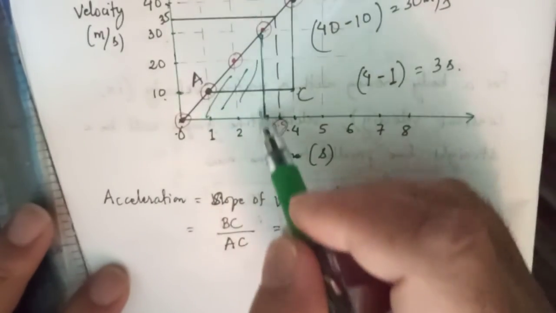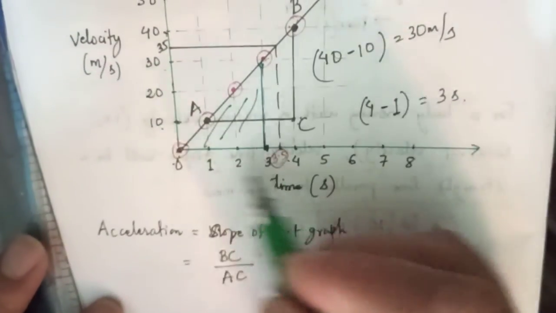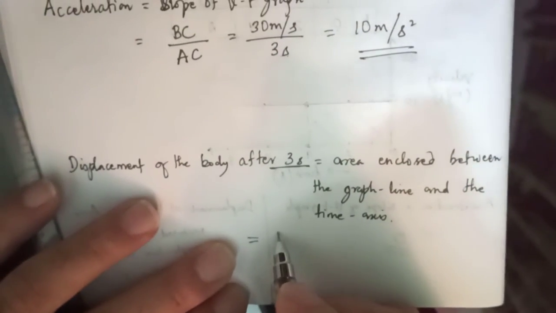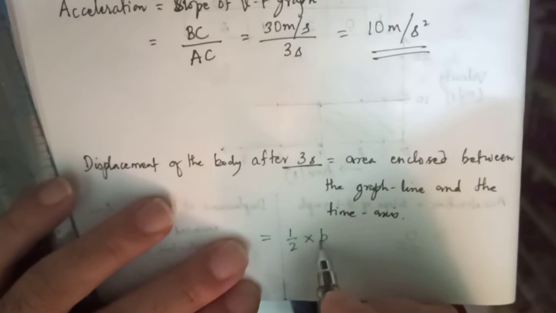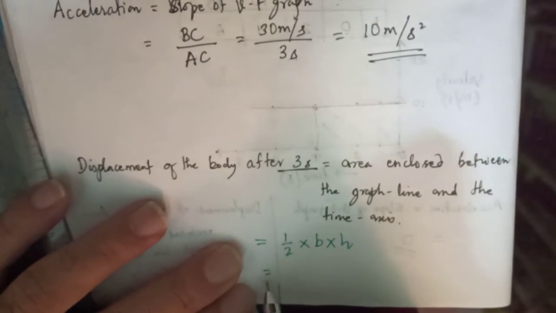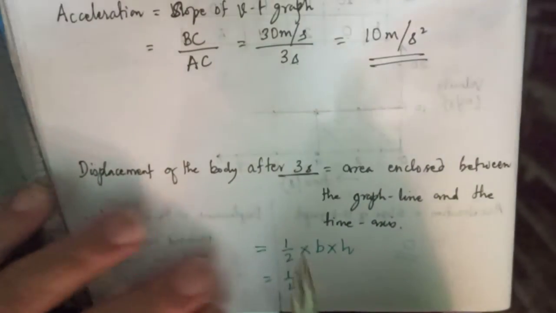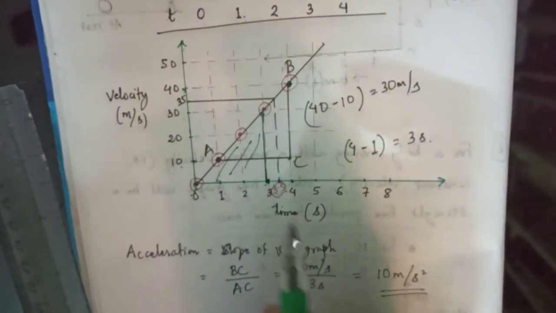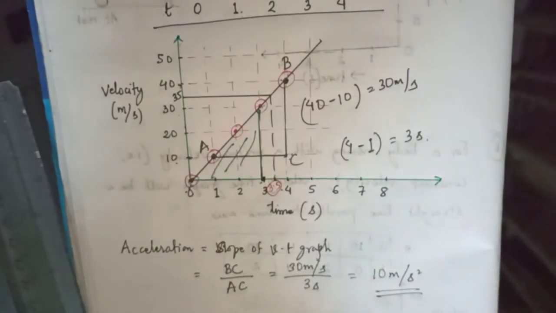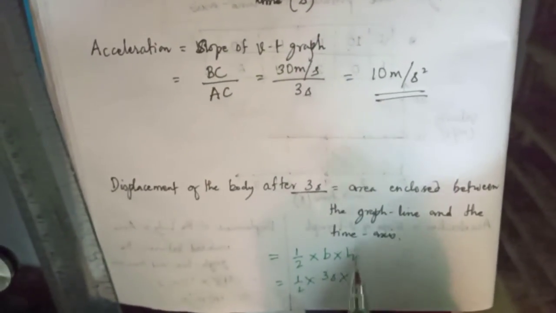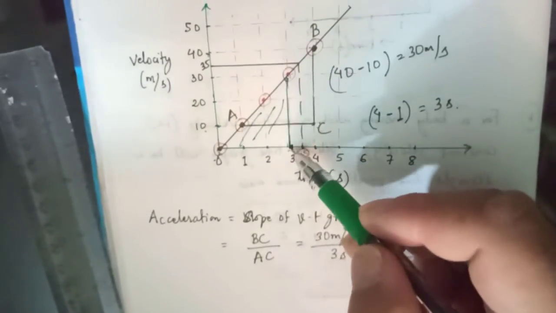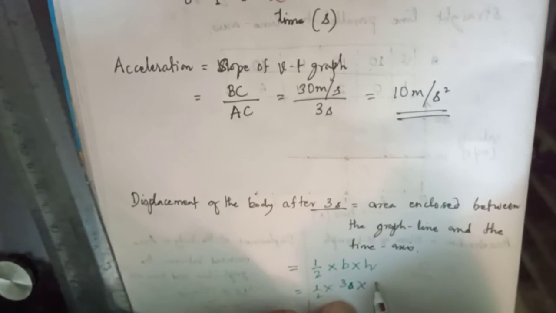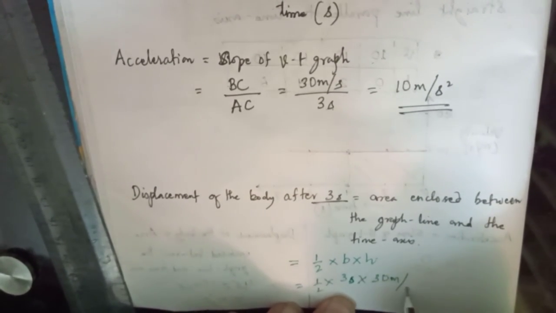You can clearly see this area is a triangle. To calculate the area of this triangle, the formula is half into base into height. Base here is 3 second, and height is 30 meter per second.